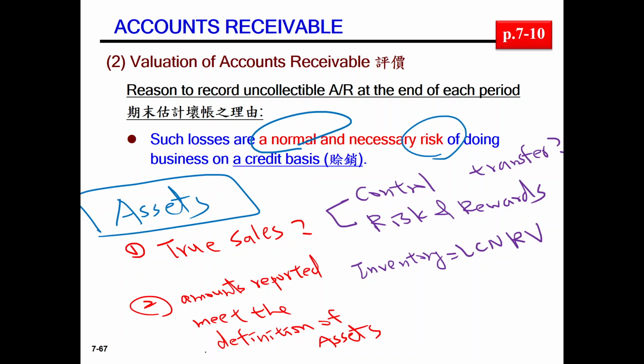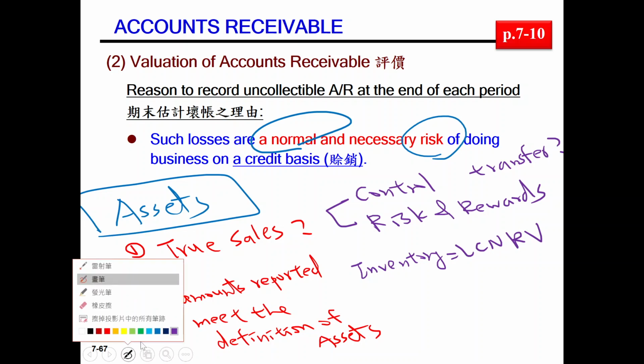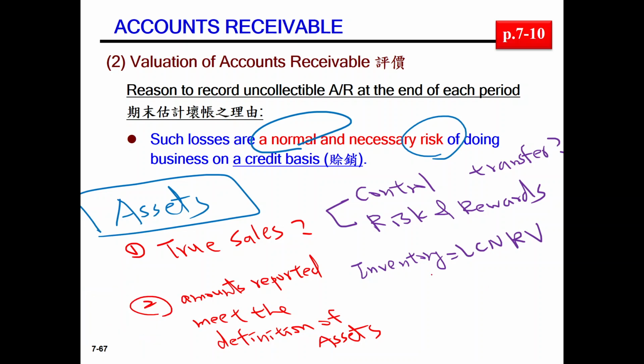If you forgot, it's okay, we have a final exam. So we will compare cost versus NRV, right? So when cost is higher than NRV, we will report what? Loss, right? Why? Loss, this part has no future benefit.